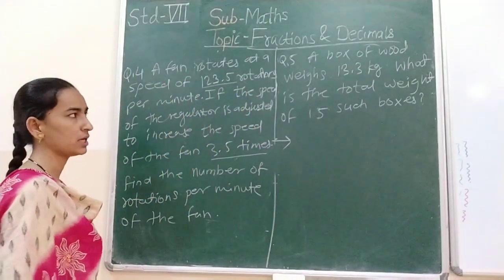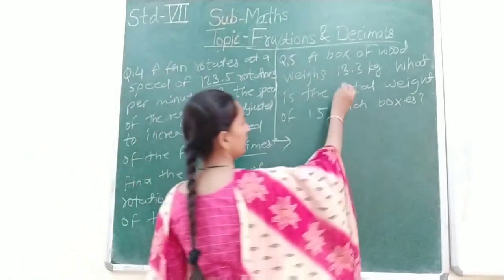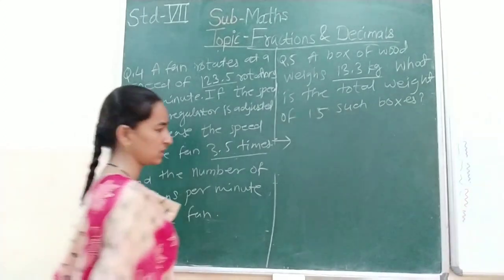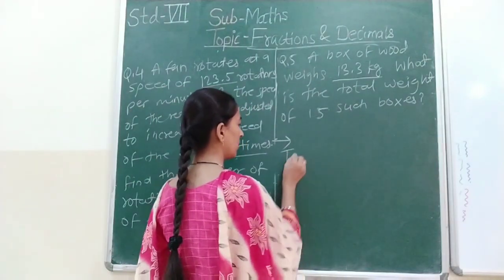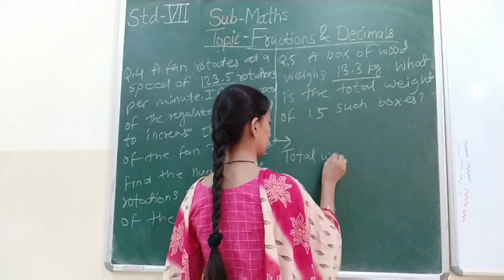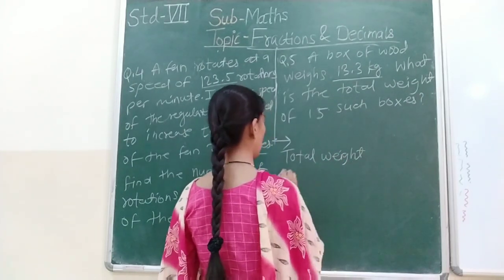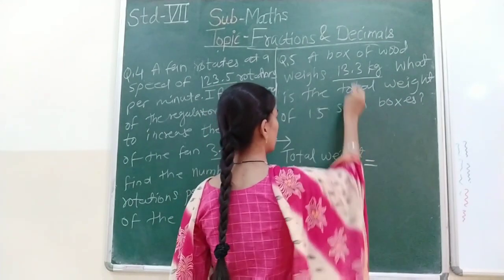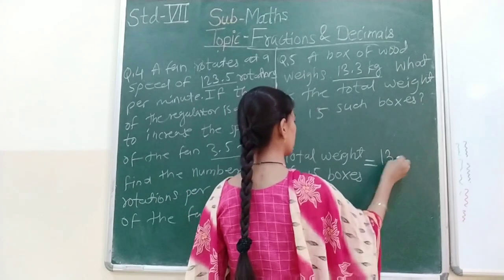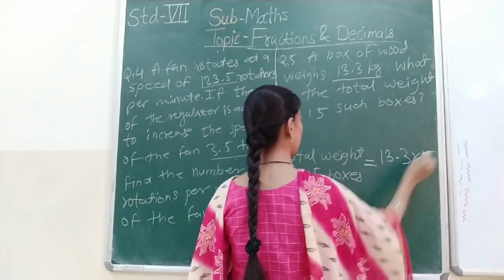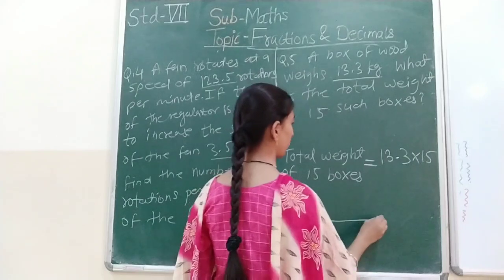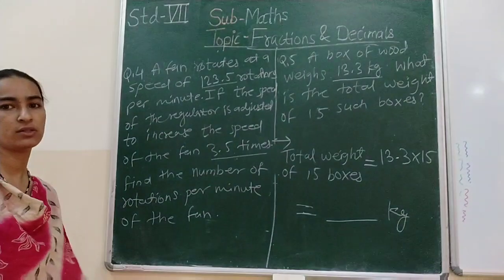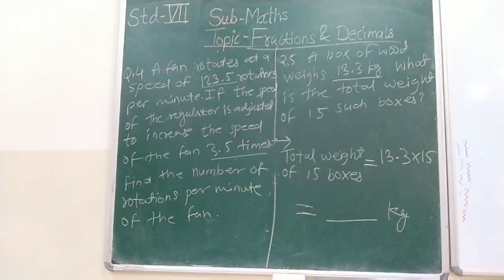A box of wood, that means one box has a weight of 13.3 kg. We have to find the total weight of 15 such boxes. So the total weight of 15 boxes is nothing but multiply this number by 15. 13.3 multiplied by 15, and tell me the answer for that. It should be in kg. I want the answer from you.